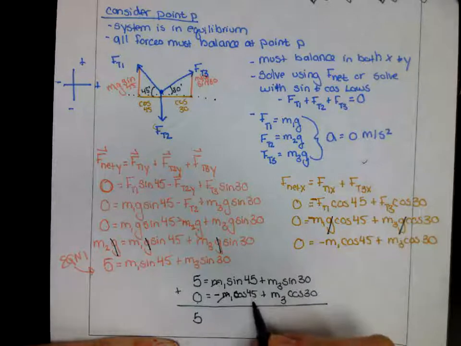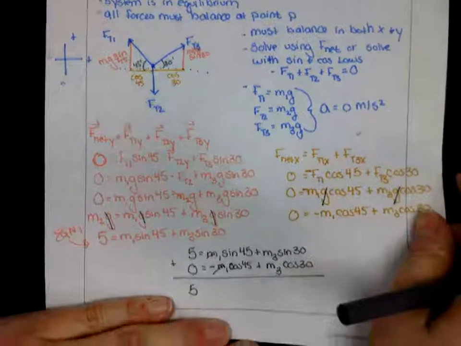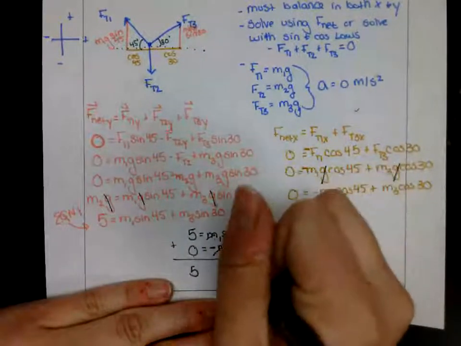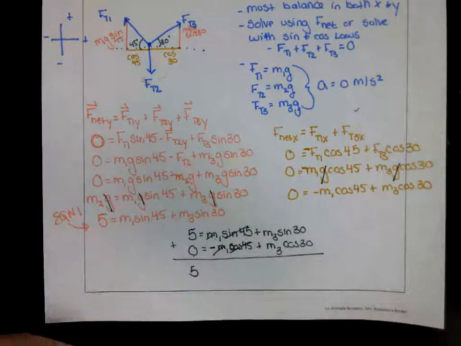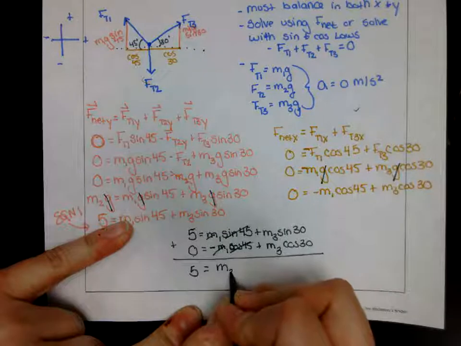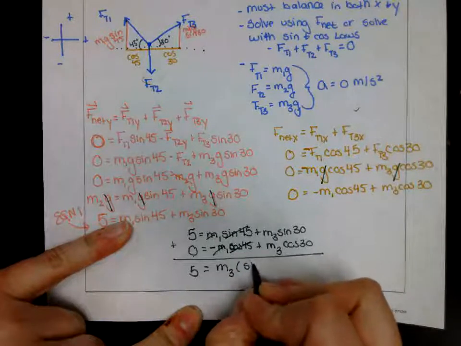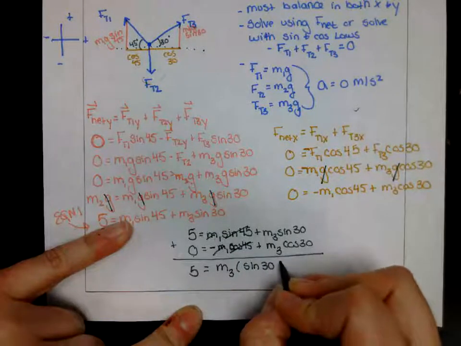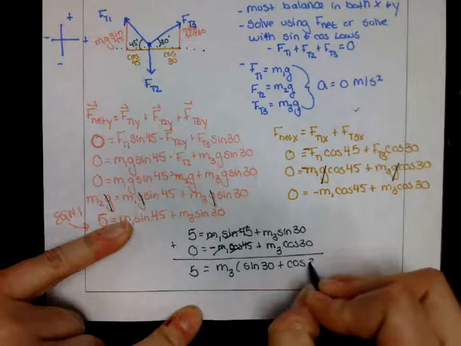Sine of 45 is equal to the cosine of 45 because we're working with the special right triangle. So those are going to cancel. So I'm going to be left with m3 sine of 30 plus cosine of 30.